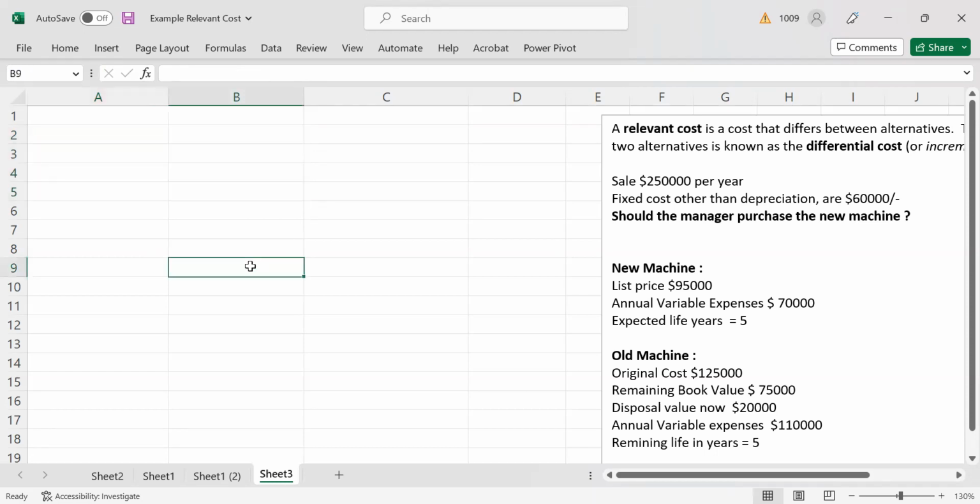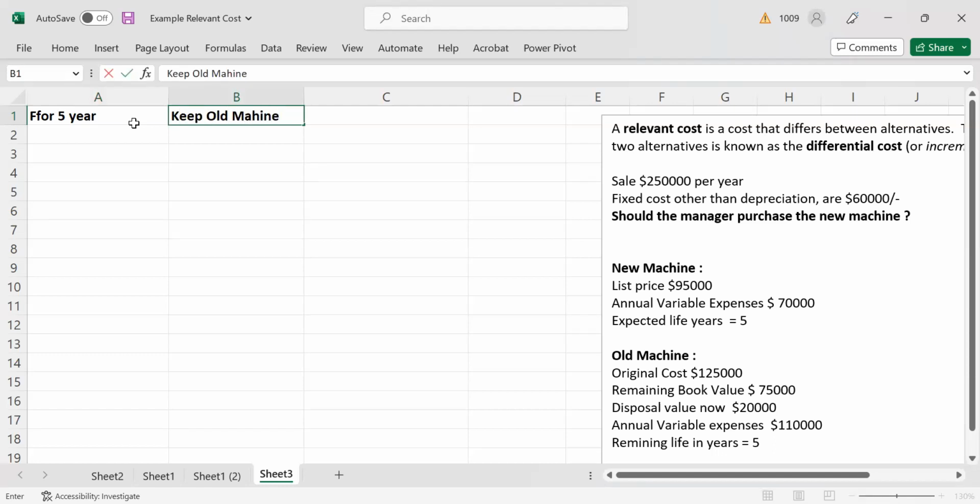The way that I'm going to explain, I'm going to make one format here in Microsoft Excel. Let's say for 5 years we are going to keep the old machine.